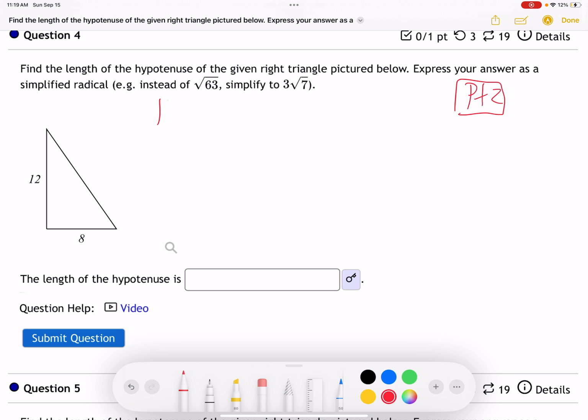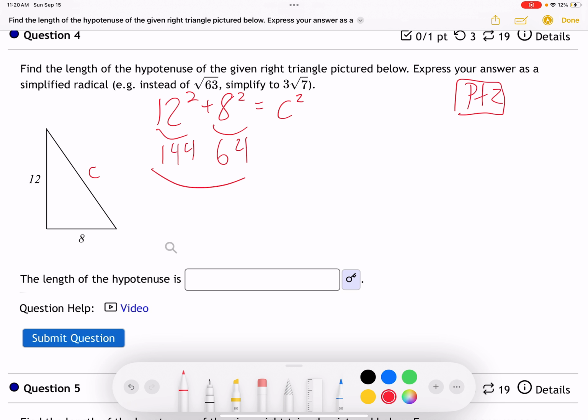Okay, 12 squared plus 8 squared equals c squared, where c is right here. And 12 squared is 144. 8 squared is 64. Combine these two together.